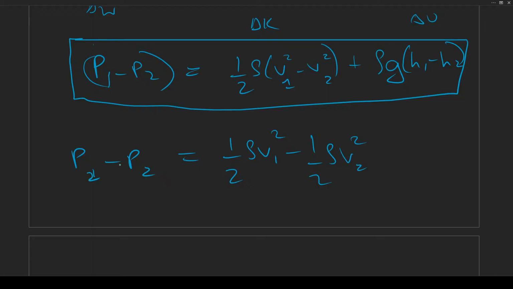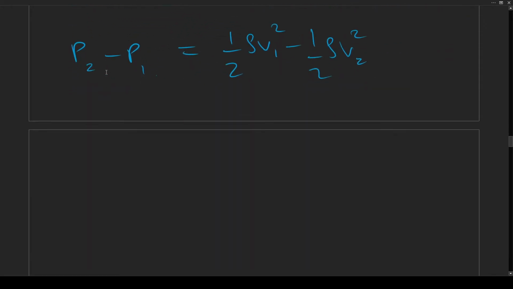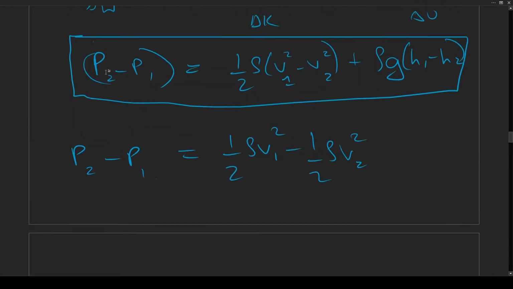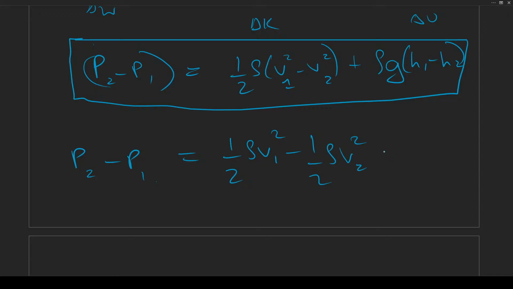I think we should write this as P2 minus P1. Yeah. Now it should be correct, plus rho GH1 minus rho GH2.